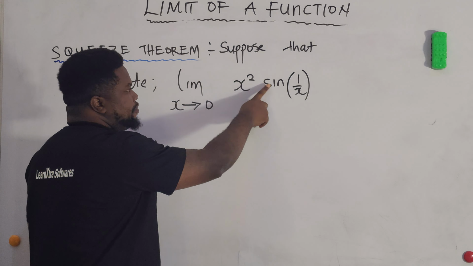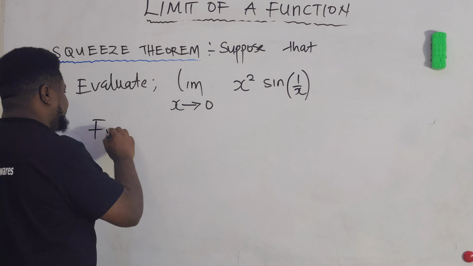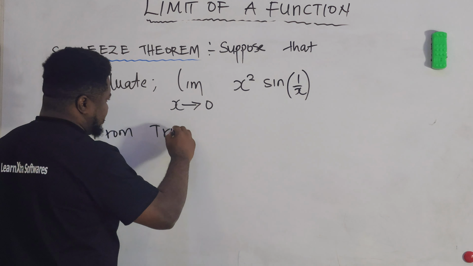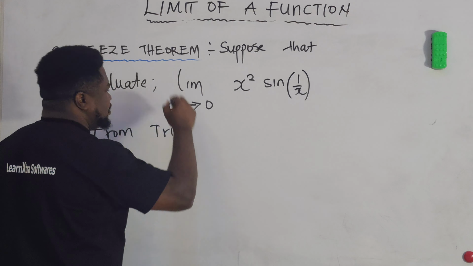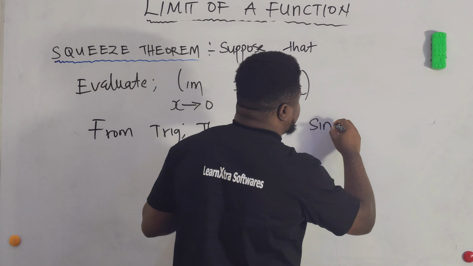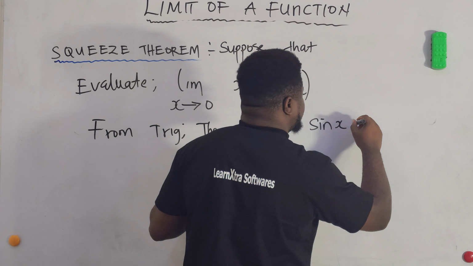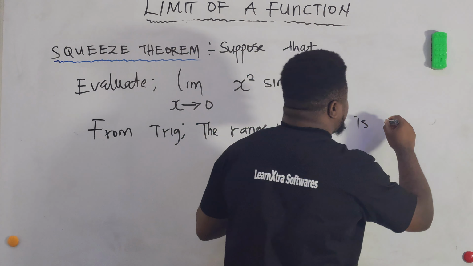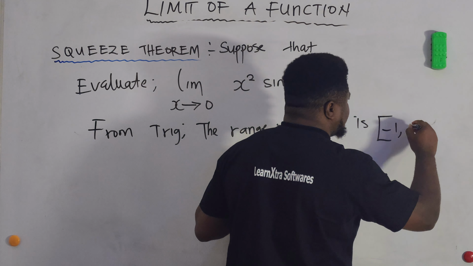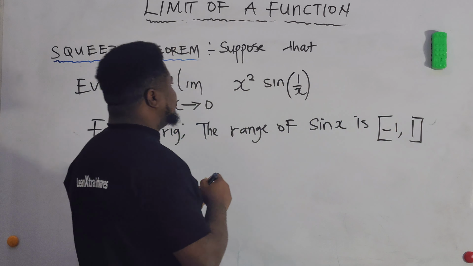So in a case like this, what do we do? We know from basic trigonometry that the range of the sine function, sine x, is from -1 to 1.